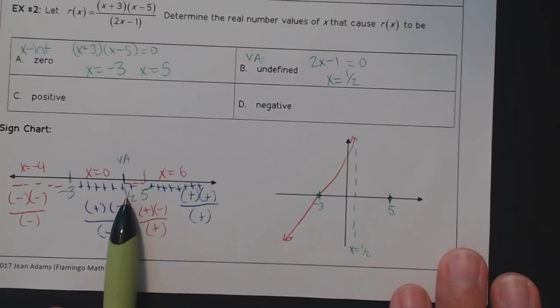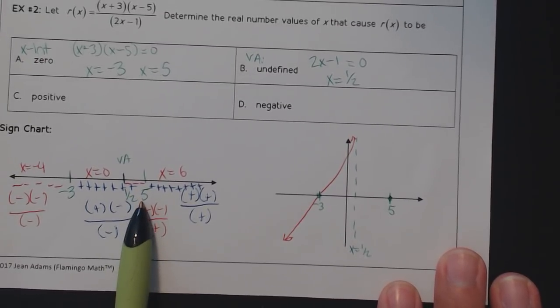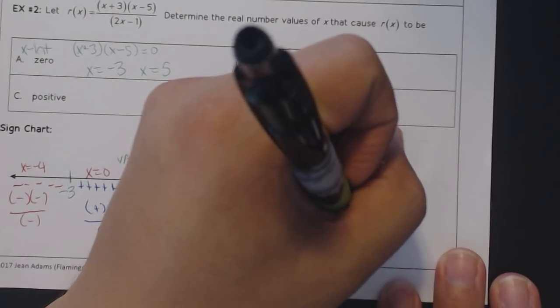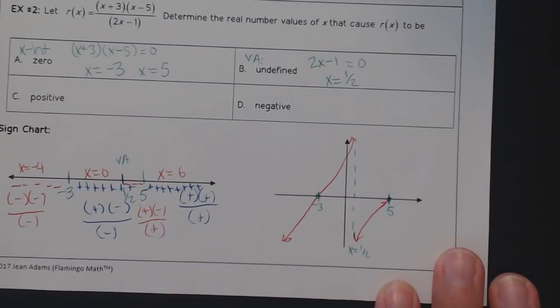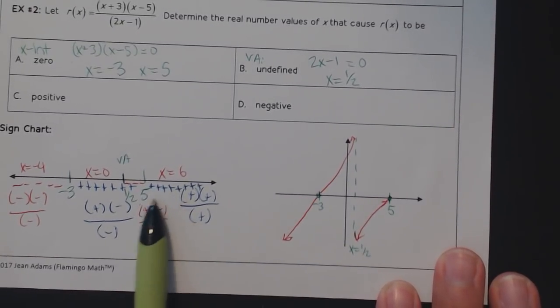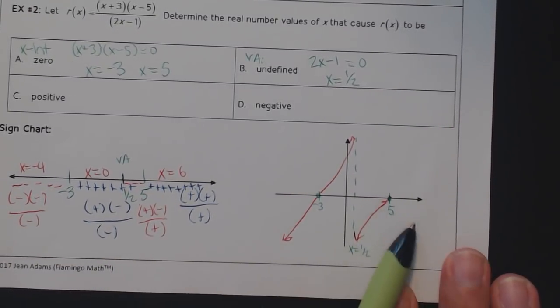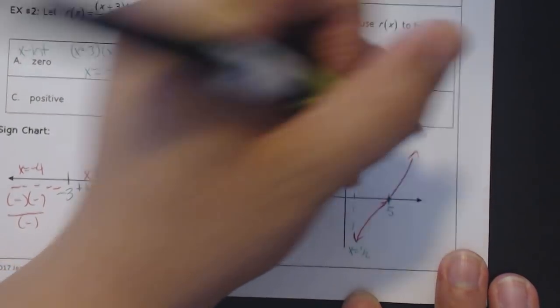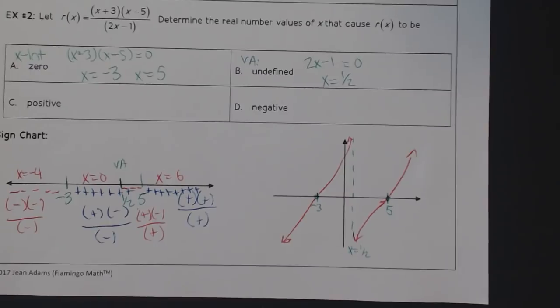After the 1/2, we get negative up to 5. So we're going to have something that's hugging this again, but then it's going to curve up to the 5. Then after 5, everything is positive. So it's not coming back down. Instead, it's going to continue through 5 and go up. And we get a graph, something like that.